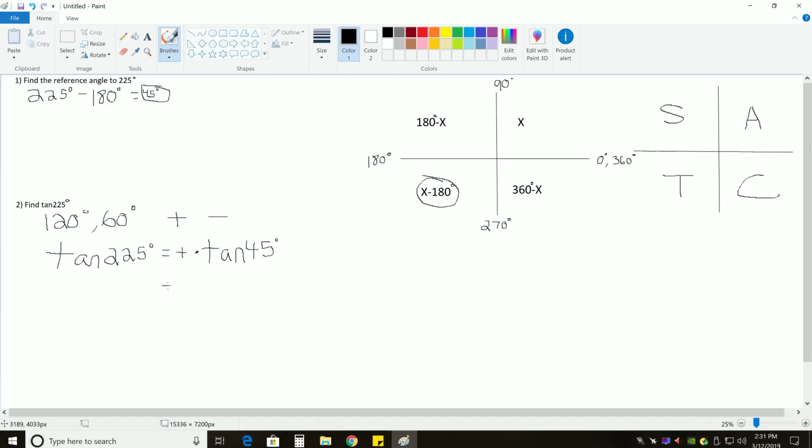And if you have started working with your unit circle, then at this point you would work out what tangent of 45 degrees is, and we know that tangent of 45 degrees is 1. So tangent of 225 degrees is equal to 1.